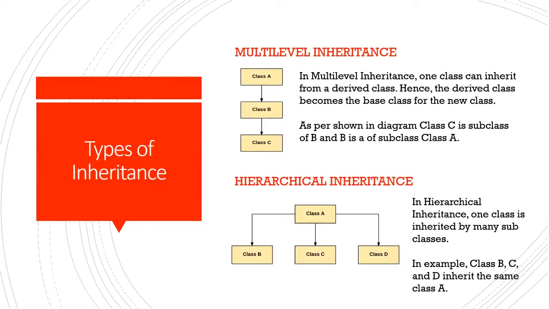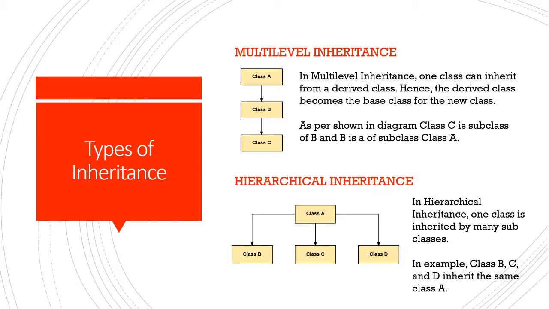And the two other types of inheritance are multi-level inheritance. In multi-level inheritance, one class can inherit from a derived class. Hence, the derived class becomes the base class for the new class.